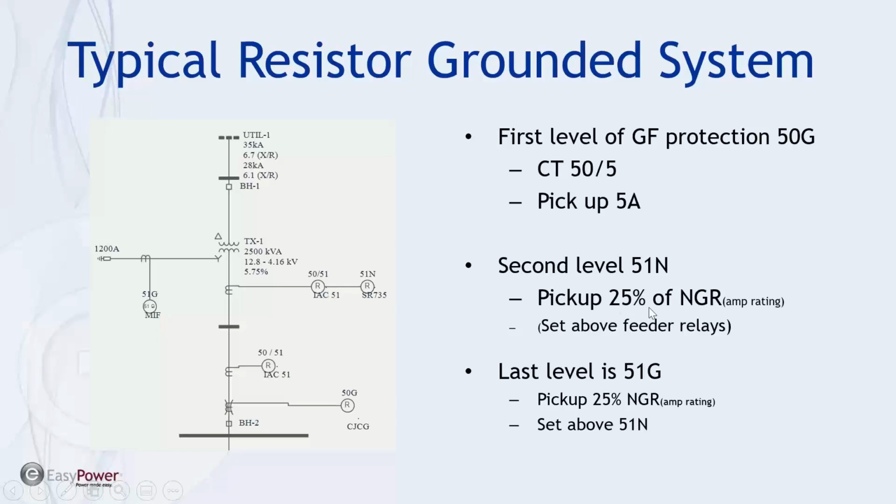And again, we're shooting for about a 25% pickup, and make sure that your CT is set above the relay trip setting, so that you're not maxing out on a maximum fault. And likewise, the last level is a 51G, which is set above the 51N recommendations as far as the set points.